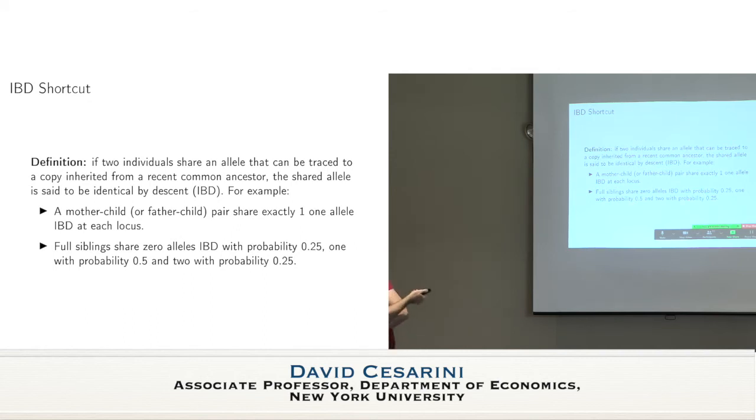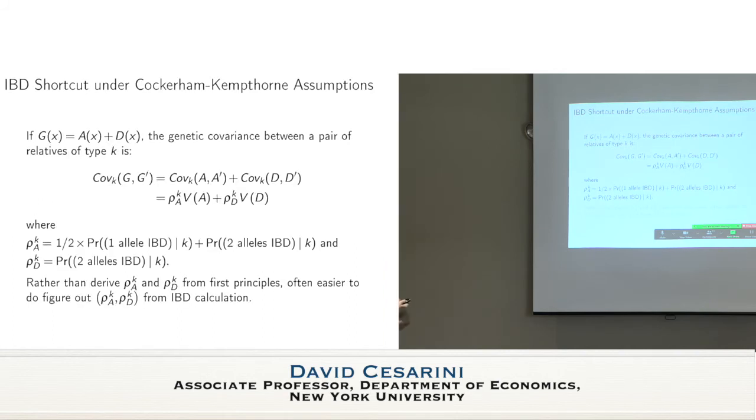So it turns out that the coefficients that you plug into Kempthorne's formula are just functions of this IBD sharing for the different types of relatives. Here's an example, and I've limited it to the first two terms, so I'm excluding epistatic interactions here.